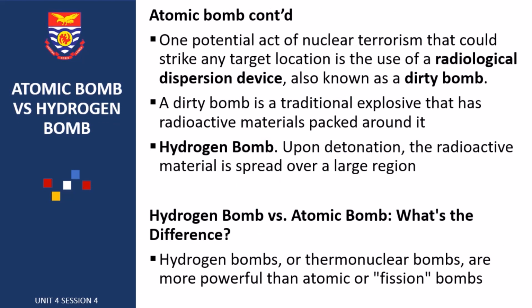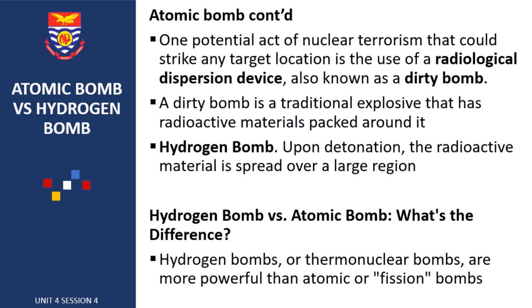In this slide, we shall be looking at the atomic bomb versus the hydrogen bomb. We can strike any target location using devices or bombs known as radiological dispersion devices. These radiological dispersion devices are termed dirty bombs.